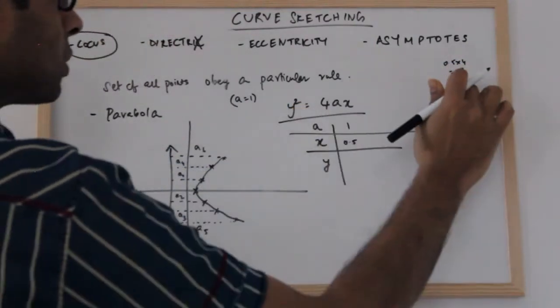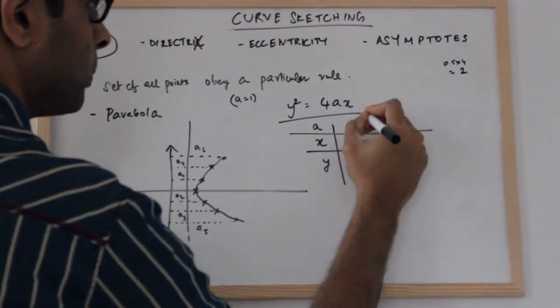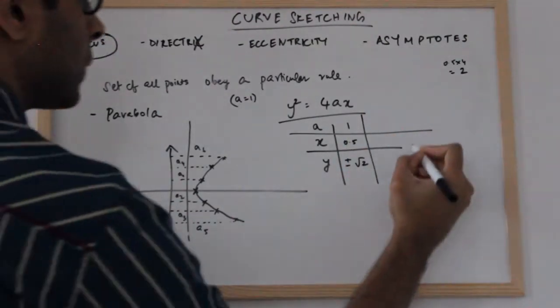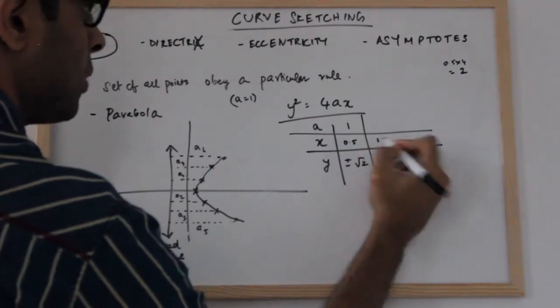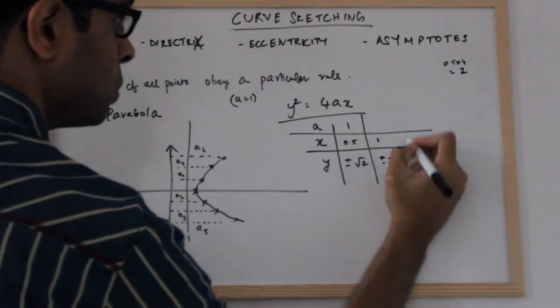So y squared is 2 and y is plus or minus root 2. If x is 1, it's plus or minus 2.